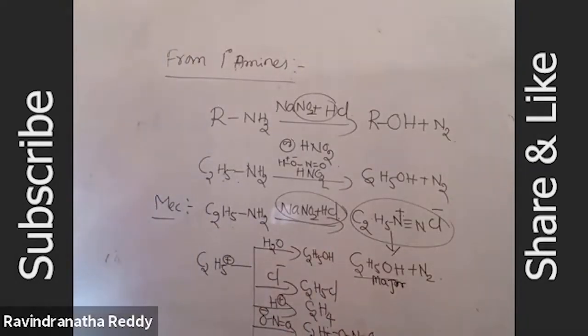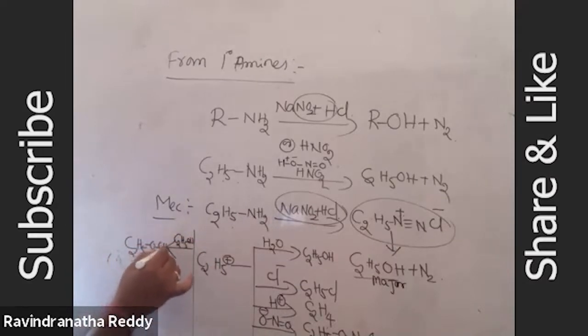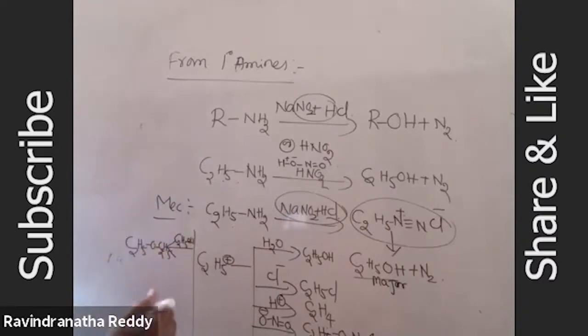C2H5 plus reacting with C2H5OH gives ether, C2H5OC2H5. But from an exam point of view, you don't need all these things.